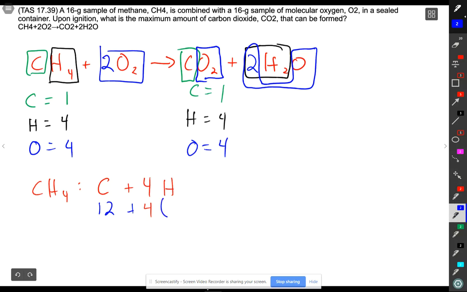And then hydrogen is 1 because there are 4 hydrogens. And our units here is grams per mole. So 12 plus 4 times 1 is 16. So 1 mole of methane, of CH4, has a mass of 16 grams.